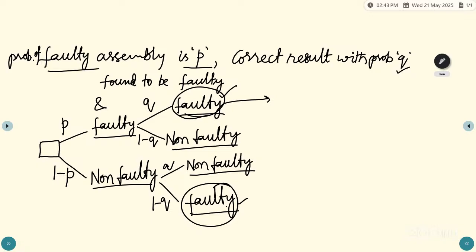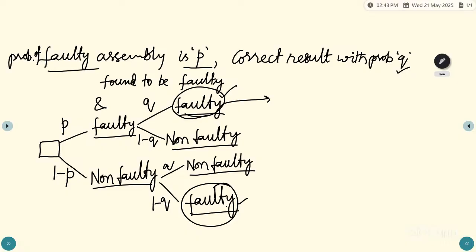Assembling won't influence testing. Okay. So both are clearly independent events. Right. Such a condition is not given in this problem.